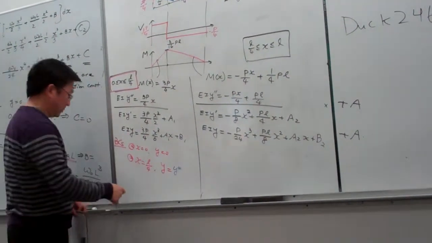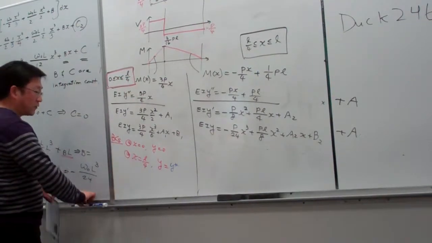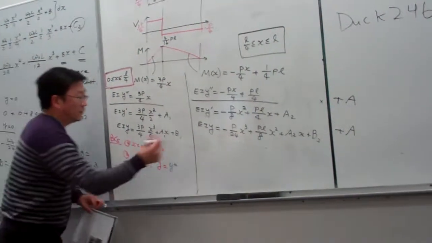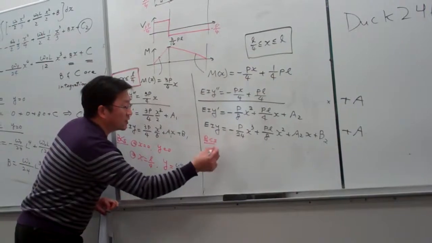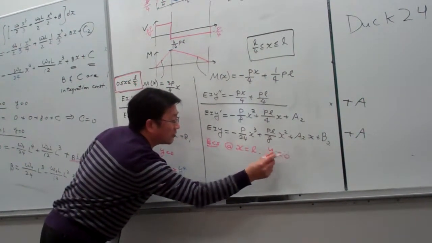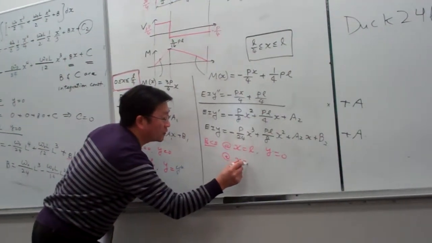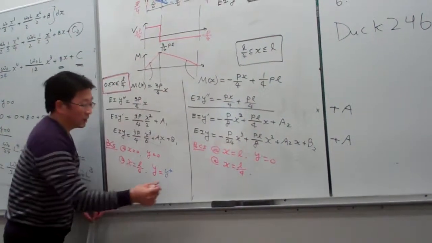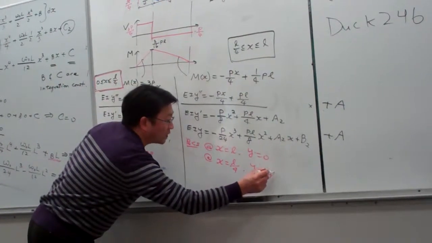For this case, the boundary conditions are, again, x equal to L, y equal to 0, and at the position of the loading, the deflection will be equal to y star.